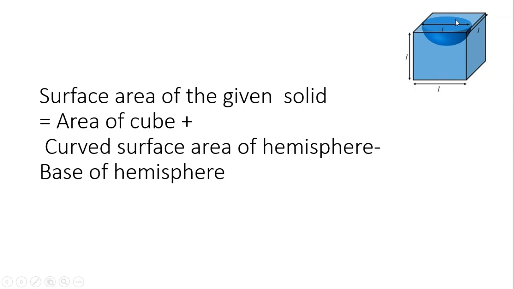Total area of the cube plus curved surface area of the hemisphere minus the base area of the hemisphere. When we are able to calculate these three things, we are able to find out the total surface area of the given solid.